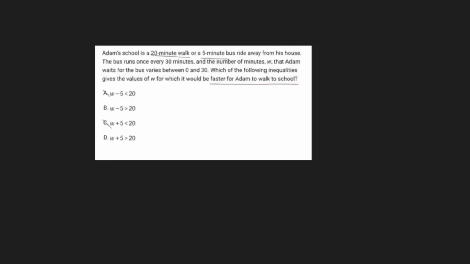The waiting time here is W, the amount of time that Adam has to wait for the bus. And so we want to add on that 5 minutes because it takes 5 minutes to actually get on that bus from his house and arrive at school. And therefore, it can't be minus 5 because we're not taking away time, that's just adding time to him. And therefore, our answer is going to be choice D.